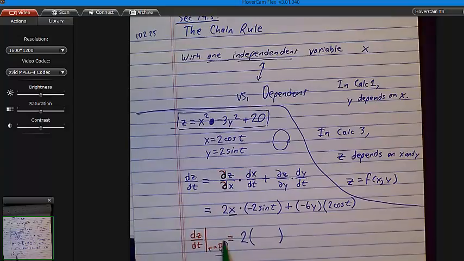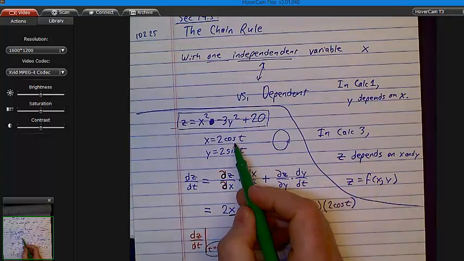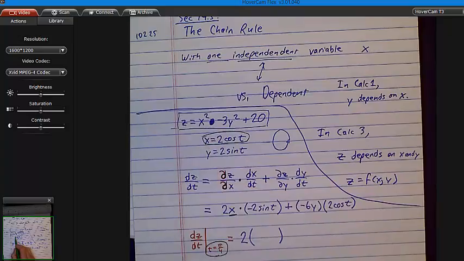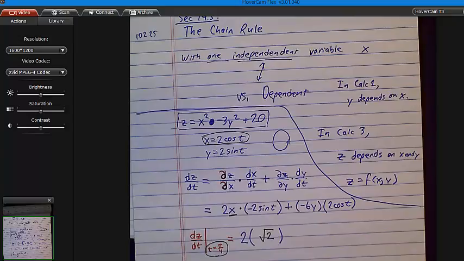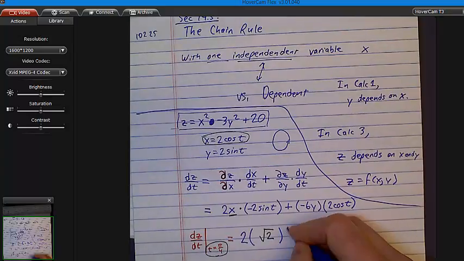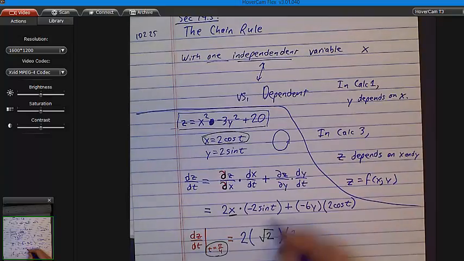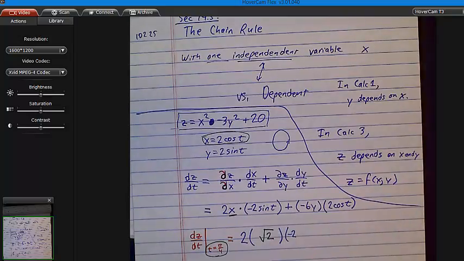When t is pi over 4, then I'm here. What's the cosine of pi over 4? Radical 2 over 2. And I'm multiplying by 2, so I think I get a radical 2 there. And then times, now we have negative 2 times the sine of, what's the sine of pi over 4?